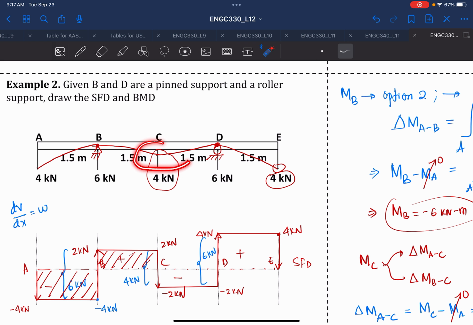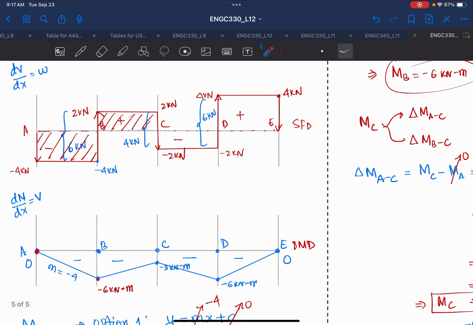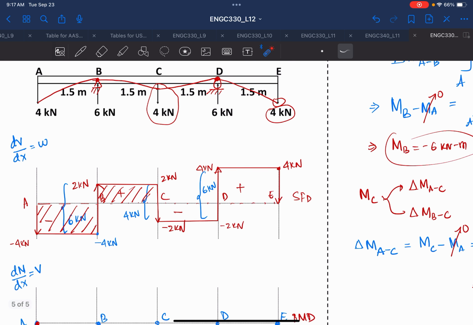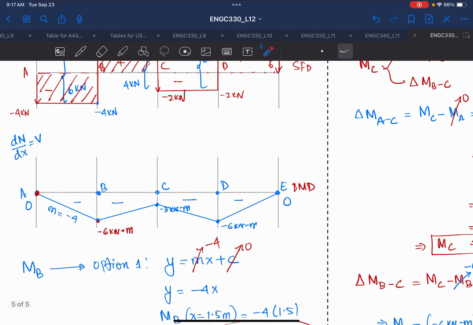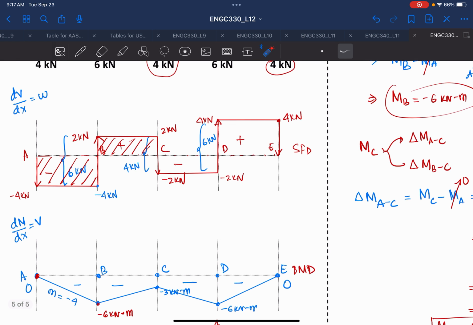Because you are introducing a sagging deflection here, and sagging deflection corresponds to a positive moment, but we never see any positive moment from B to D. So if you draw in this way, you're going to get the wrong deflection, because you are saying that this is sagging, and we already learned that the moment is negative from B to D.